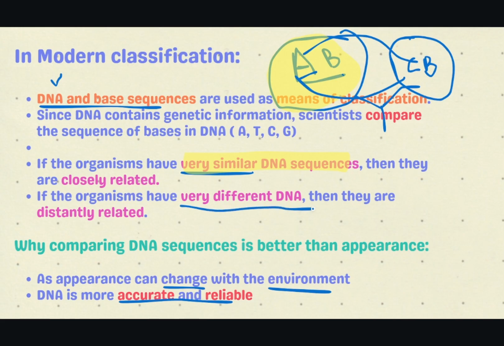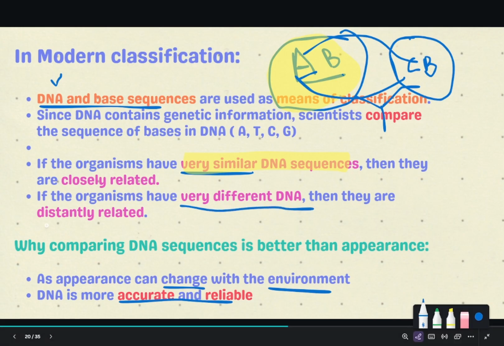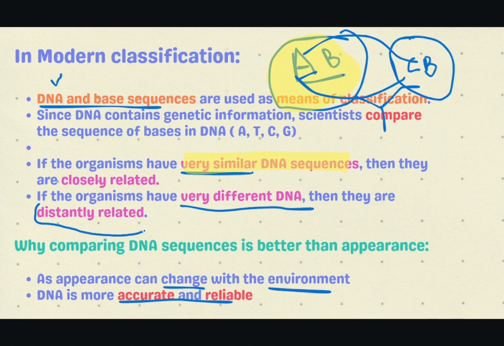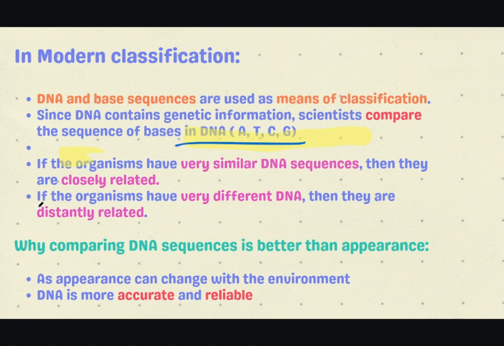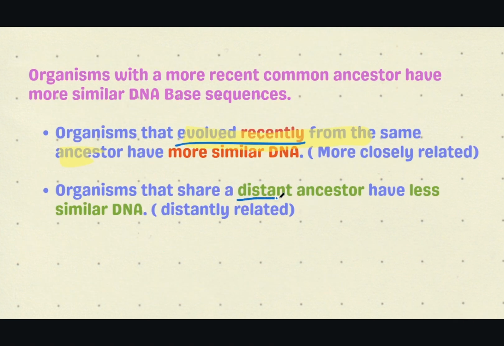And because they have very different DNA, they're distantly related. Again, they share a distant ancestor. Their ancestor was not a recent one. So they have very different DNA and are distantly related, just like humans and insects.